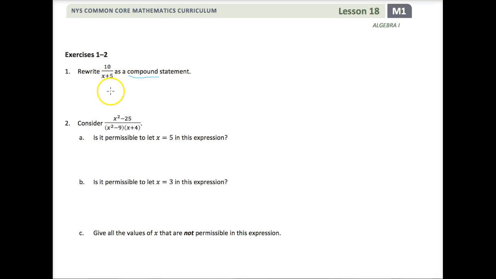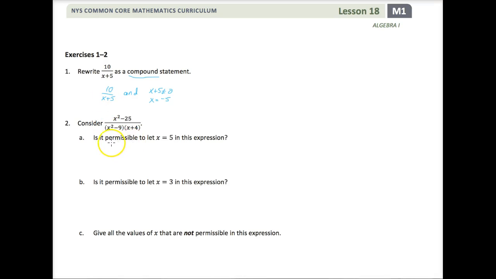So we can say that our equation can be 10 over x plus 5 as long as x plus 5 does not equal 0, which means that x cannot equal negative 5. That's what's going to protect us from a division by zero error.